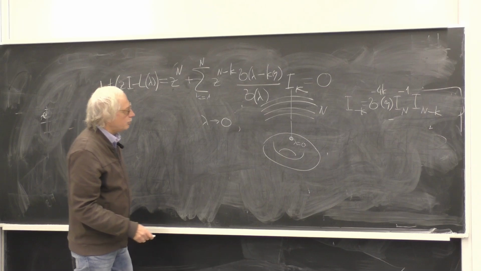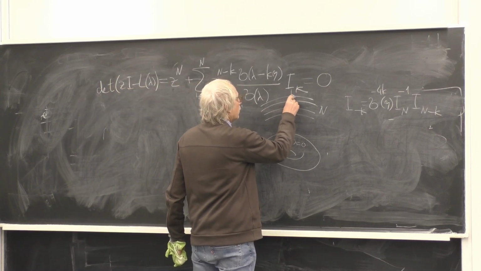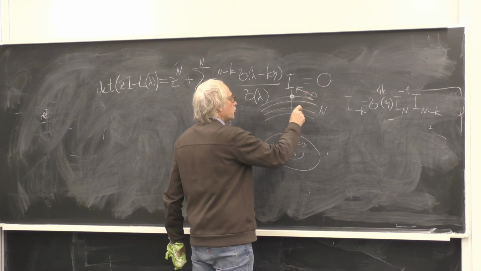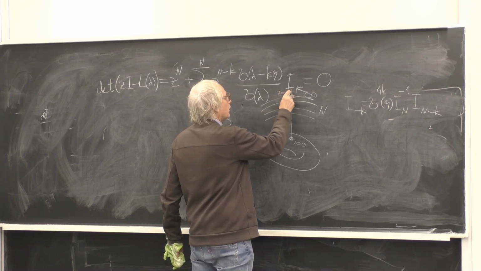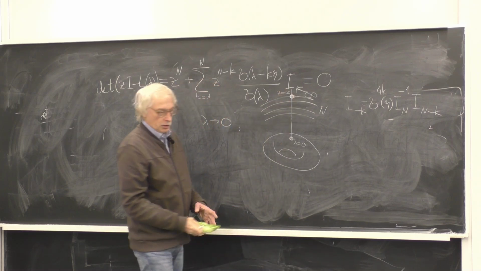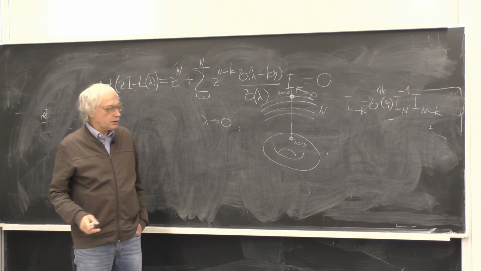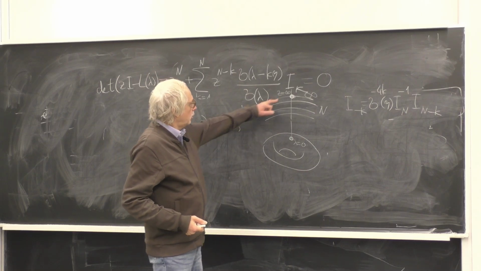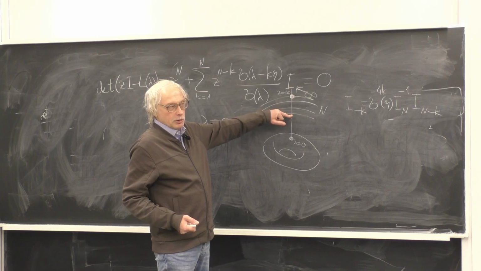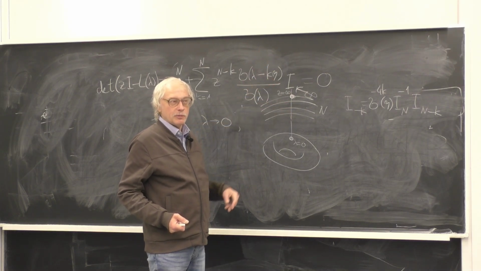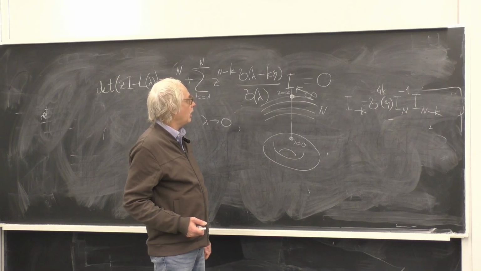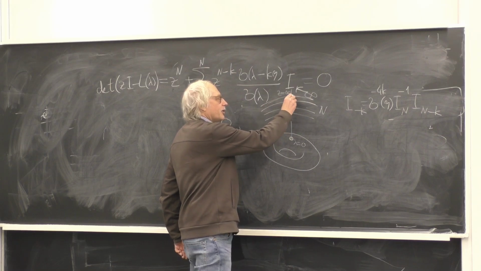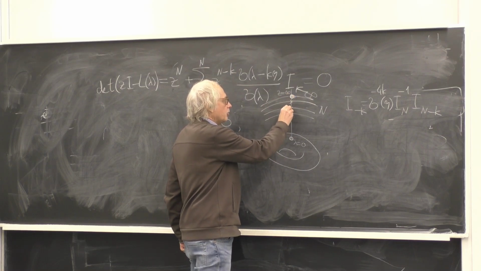And one of them, for example the upper sheet, corresponds to z equals infinity. But unlike the elliptic Calogero-Moser model, where all these points were at infinity, here only one of them lies at infinity, and the other ones are finite.